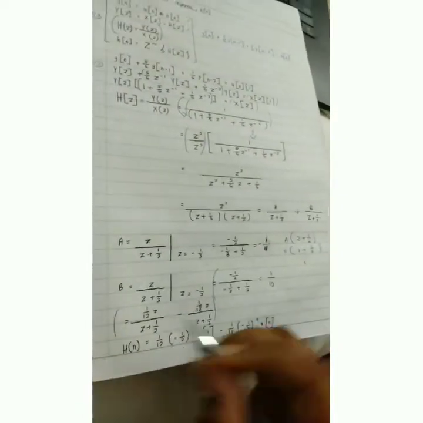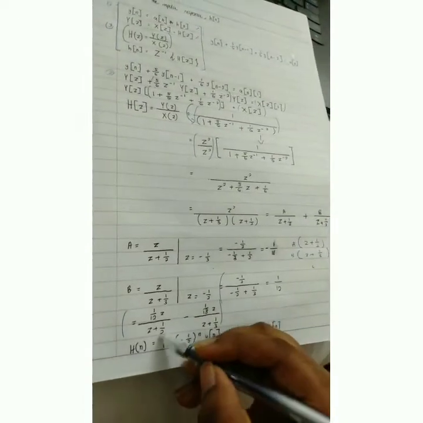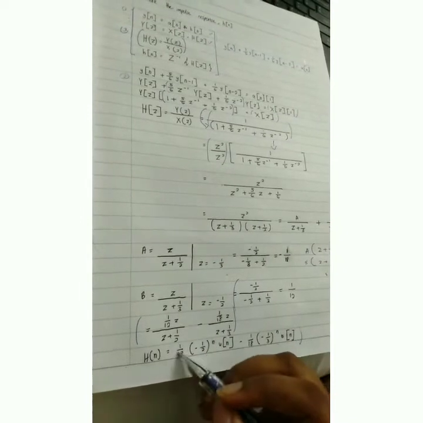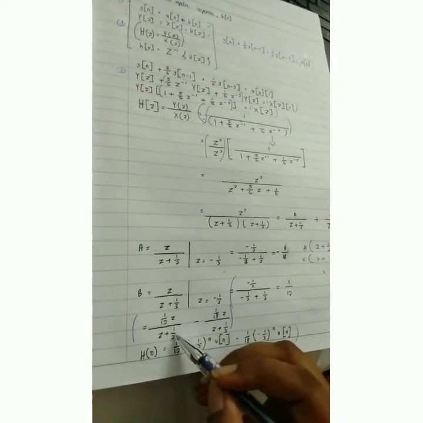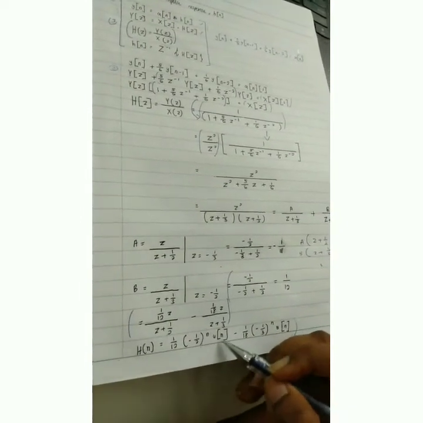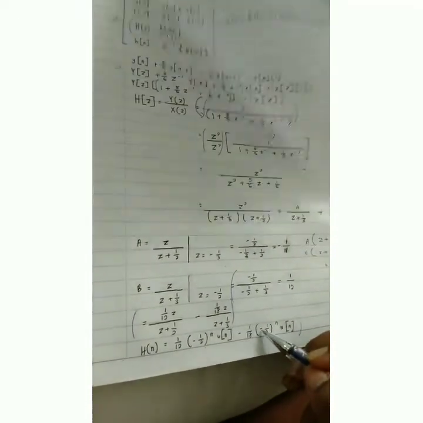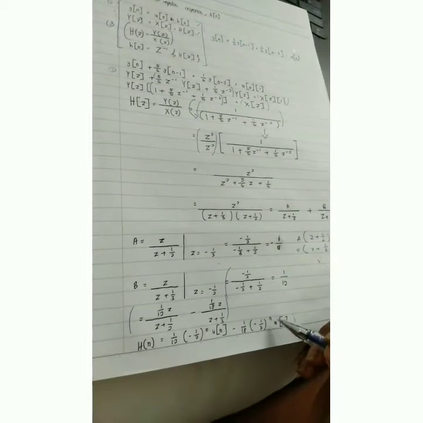Then we will get the final answer for this question: h[n] equal to 1 over 12 negative 1 over 2 to the power n u[n] minus 1 over 18 negative 1 over 3 to the power n u[n].